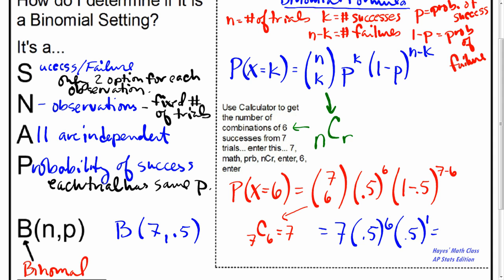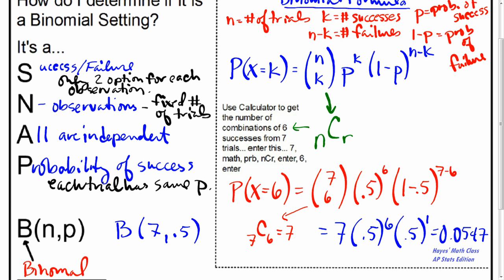And yes, if you want to type that in on your calculator as 7 times 0.5 to the 7th power, go for it. So anyway, here we're going to get about 0.0547. And again, 4 places is usually a pretty good standard way to go.